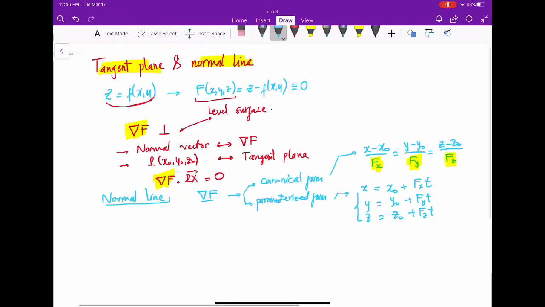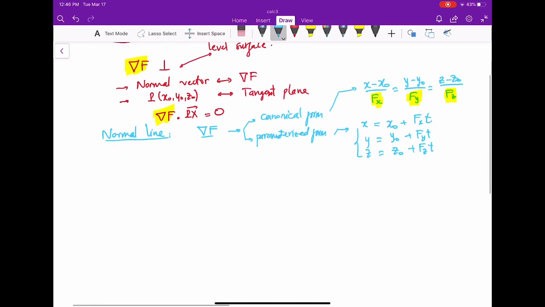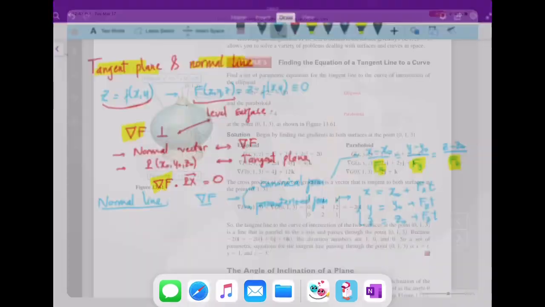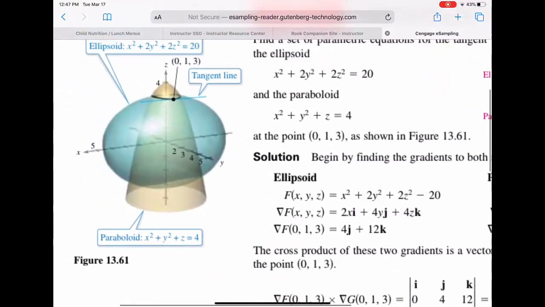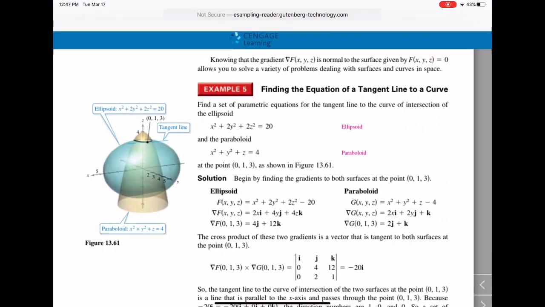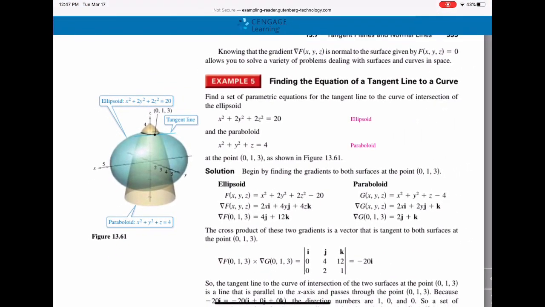Well, we did yesterday with just one surface. And now, let's consider the following problem. Let me show you the picture, and then I will explain how to do that. So the picture looks like this. Example 5 in the textbook: find the equation of a tangent line to a curve.